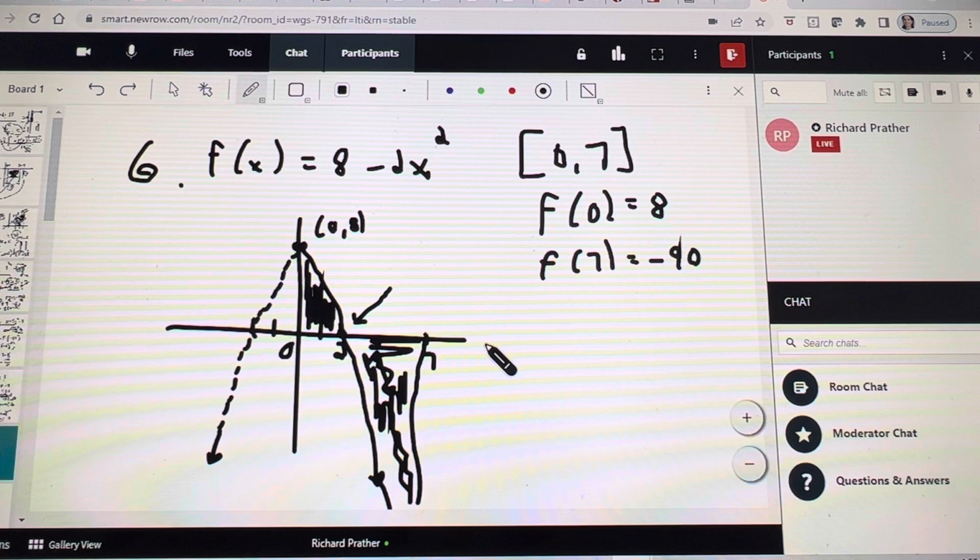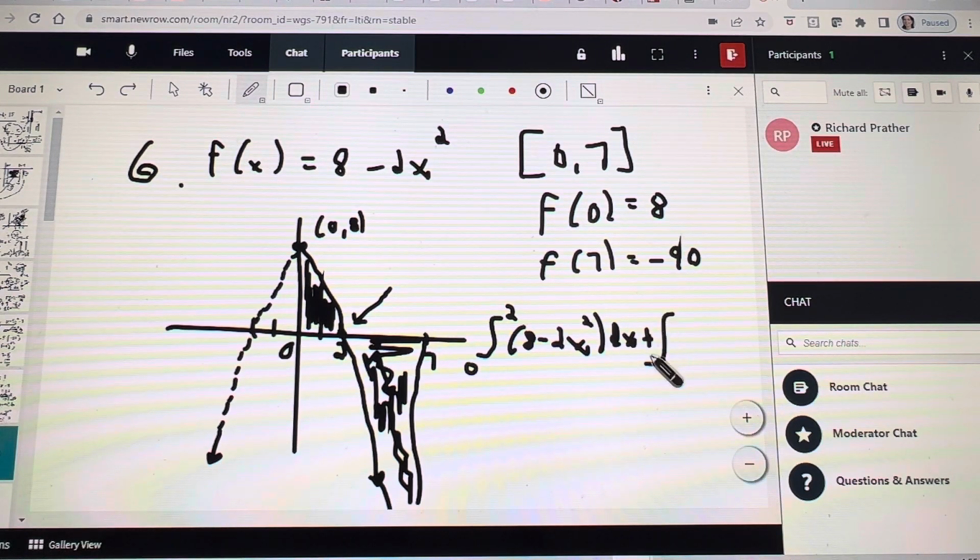But I'm going to need to do two integrals, one from 0 to 2 of 8 minus 2x squared, and then do a second one from 2 to 7. But it's the same function, so the antiderivative will be the same at least. So at least you don't have double the work, and even the two 2's shared the same answer, so once you calculate one, you're going to have the other.